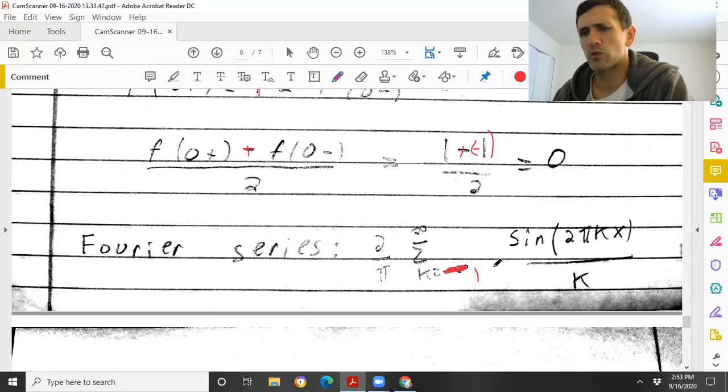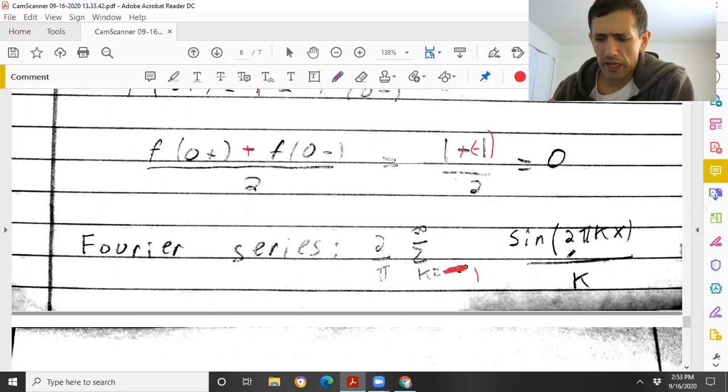Yeah, I believe it was k equals 1. Sorry, not minus infinity to infinity. Anyway, you plug in 0 here, everything is 0. So trivially, we've checked Jordan's theorem. The Fourier series does converge to 0.